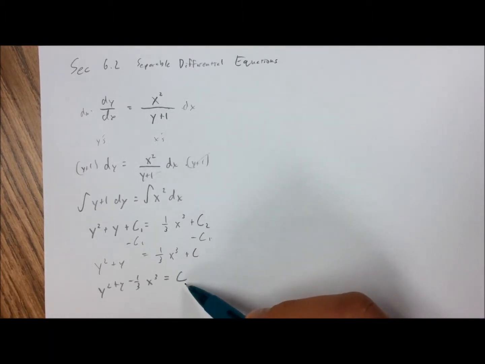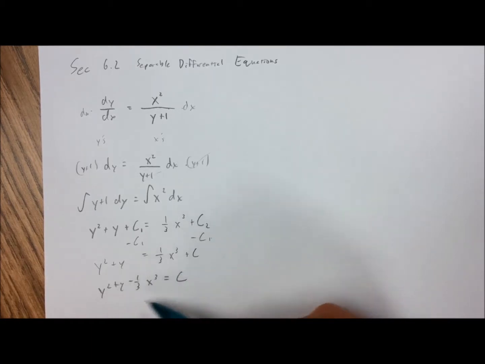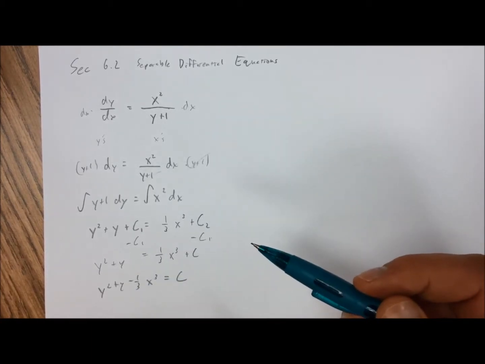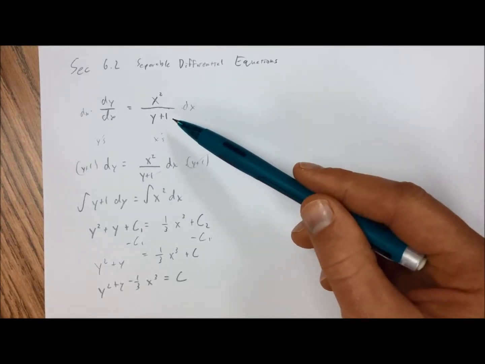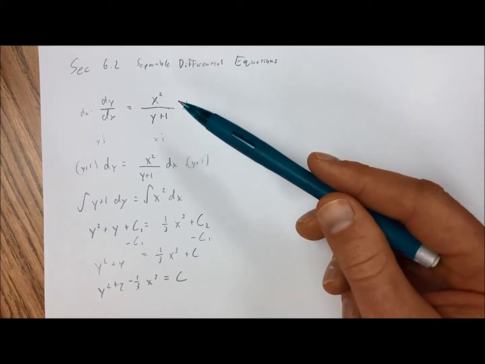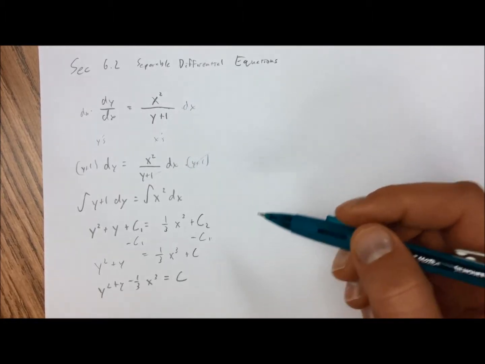Now we've actually seen this before. We used to have to do this with implicit differentiation. So these are just going backwards from implicit differentiation. This is one method for going backwards from implicit differentiation.